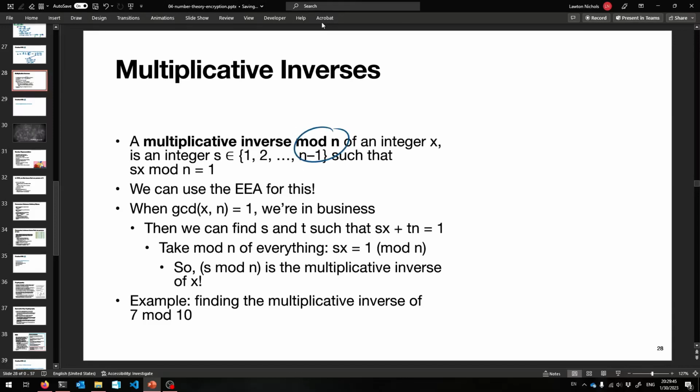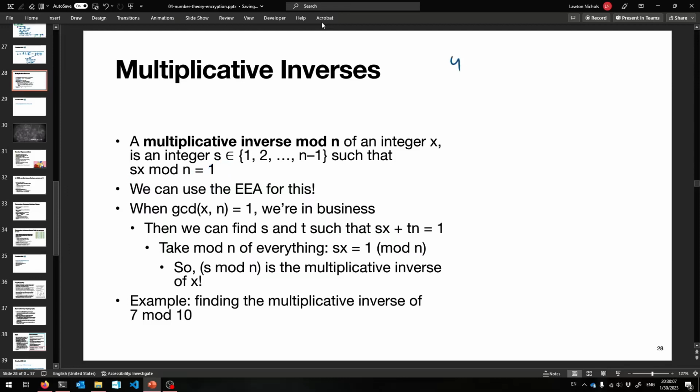It's in mod n land, so it can only be between 0 and n minus 1, but it turns out that it's never 0. It's a number between 1 and n minus 1, such that when you multiply your number x by this inverse thing, you end up getting 1 in mod n land.